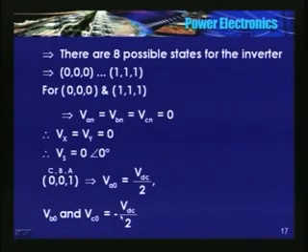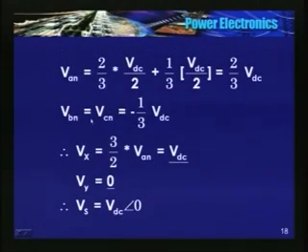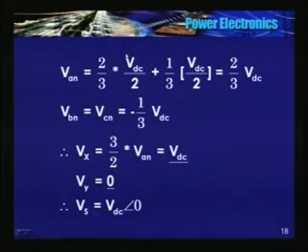Now I will substitute these values in that matrix. So Van is equal to 2 by 3 into Va0, that is Vdc by 2, plus this. So it is equal to 2 by 3 Vdc.